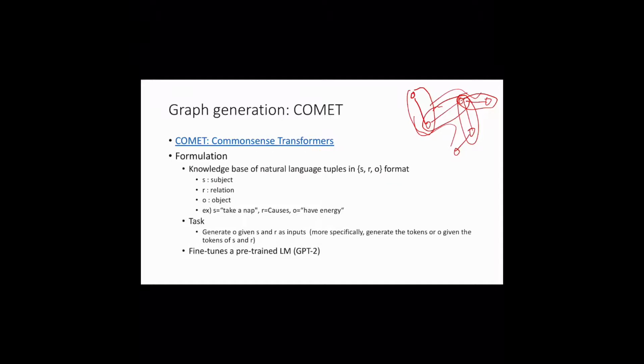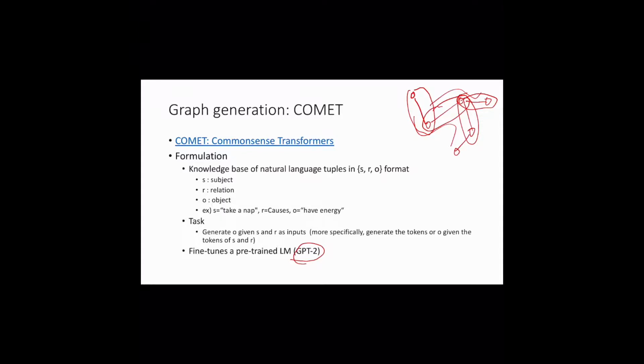However, the advantage of this model is that it fine-tunes a pre-trained language generator to the task of generating graphs. So there is a potential to transfer knowledge from a powerful pre-trained model like GPT-2. And the methodology is simple.